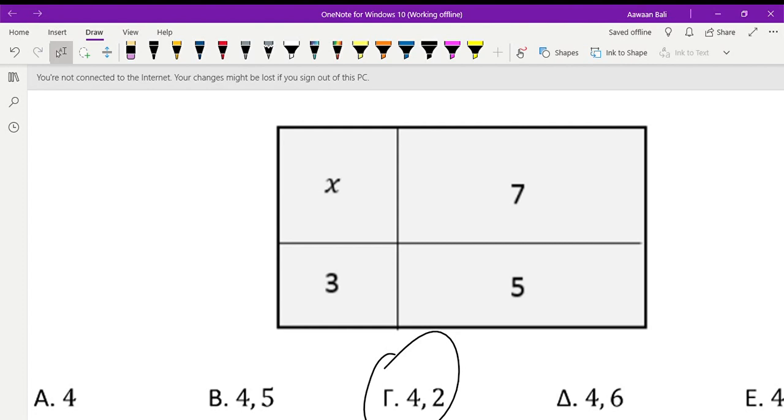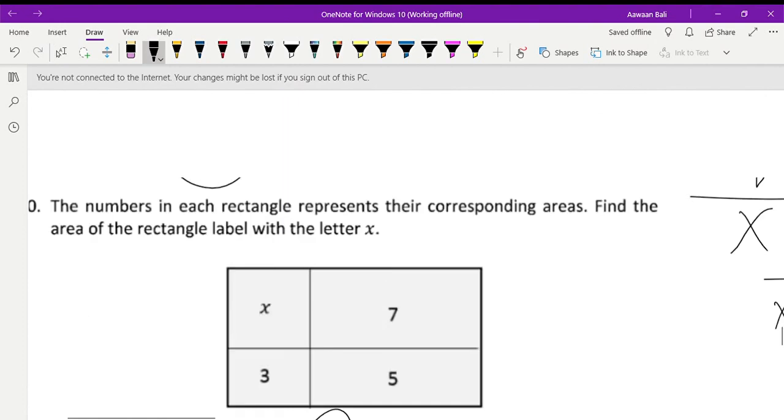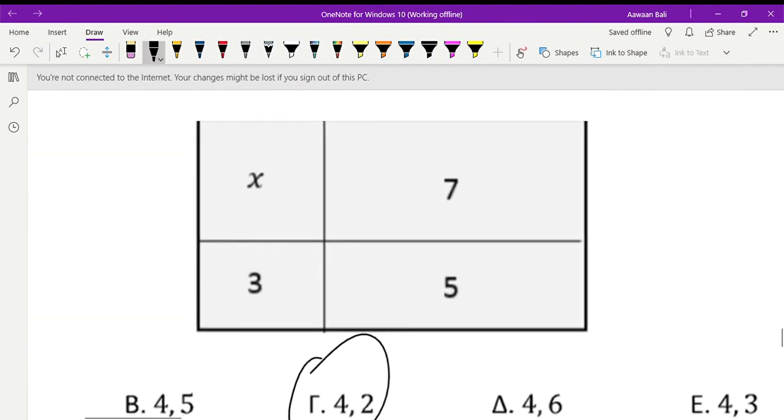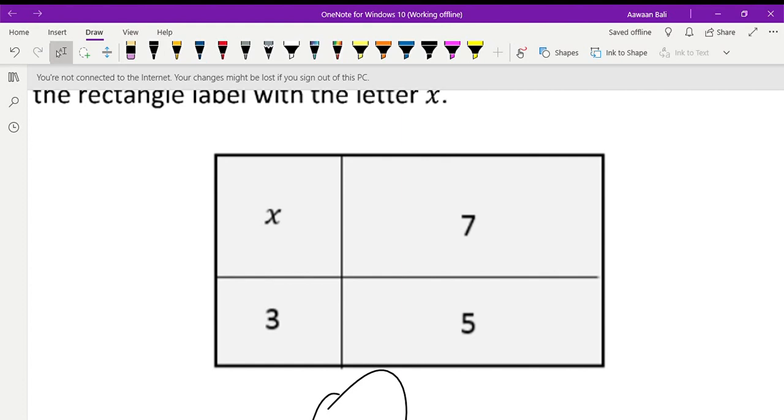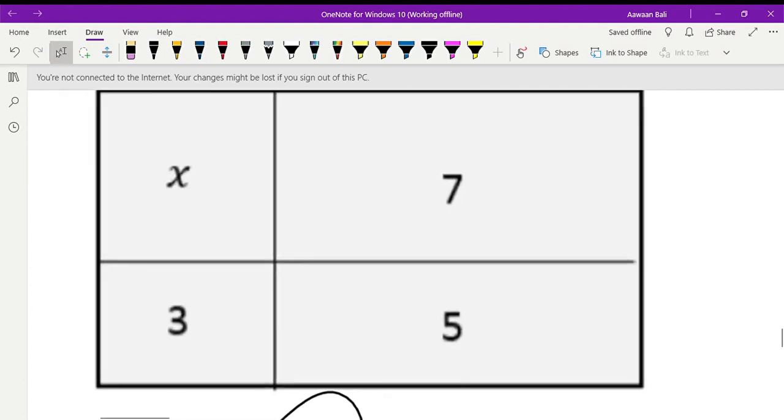We don't know if this is a square. Well, let's just say this is also a rectangle, because it might be drawn like that, but the figure might not be to scale. You never know if it is to scale unless it's given you some information. Here it's given us the areas, which is enough information to find it out.